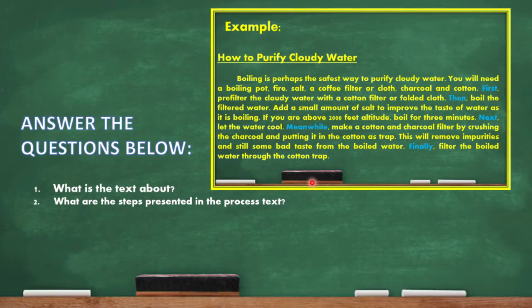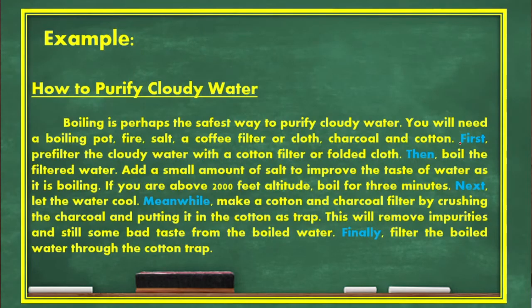Okay, next, number 3 question. What words help you get the process step by step? Of course, the words that helped you, and I believe that you'll agree, are these words: first, then, meanwhile, next, and finally.